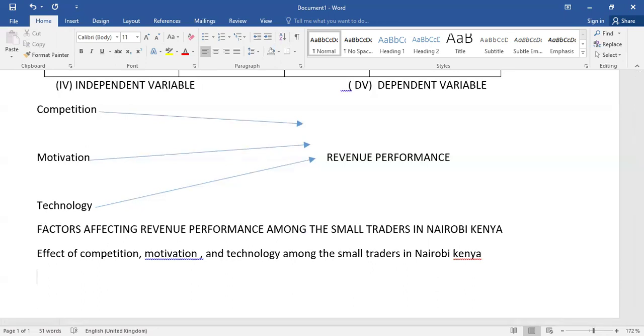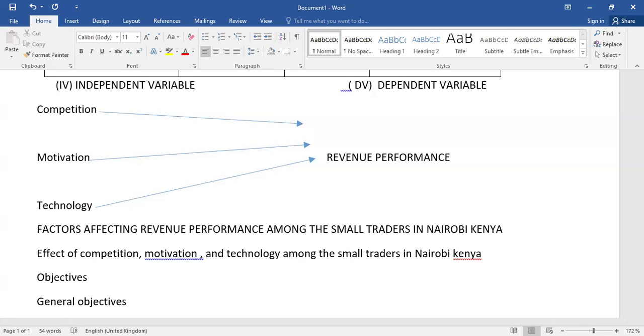Once we have the topic, we want to go to the objective, what we call research objective. Our objective is derived from the topic. We derive the objective from the topic. And we have what we call general objective. The general objective is the main topic, the way it is, the overall topic as it is.